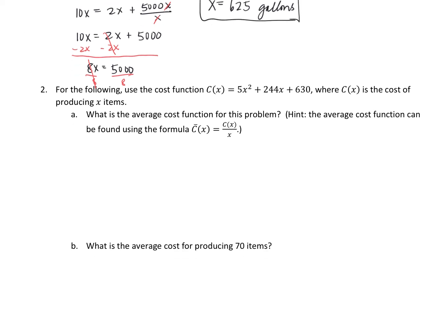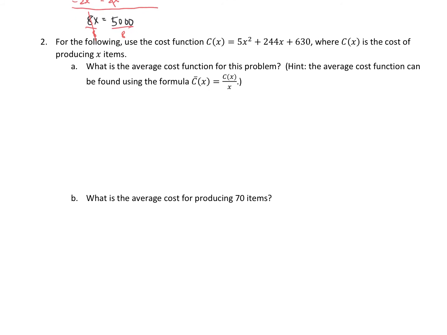All right, number 2. For the following, use the cost function where C of X is the cost of producing X items. So the first part is, what is the average cost function for this problem?